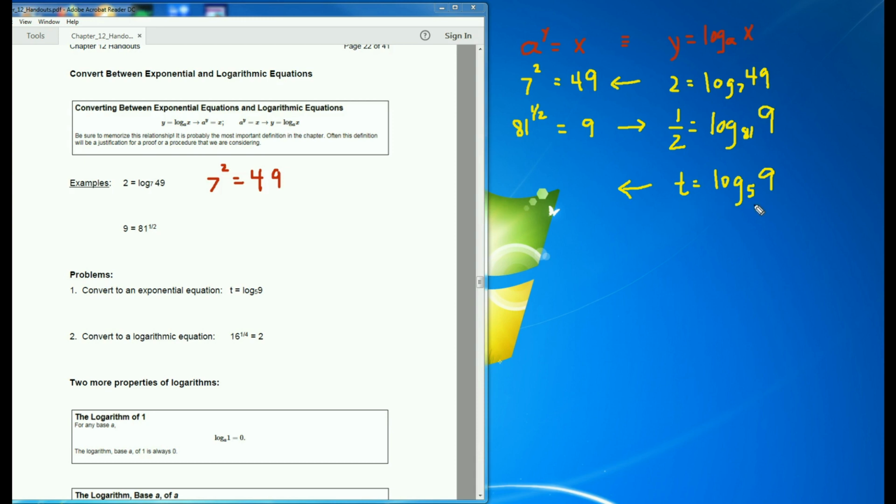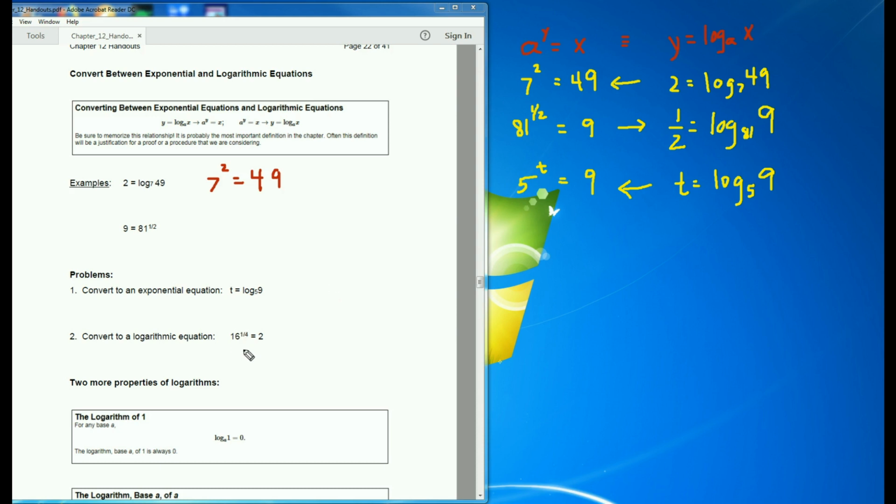All right, so the base of the log is 5, so that's going to be the base of the exponent. And then we need y up here. So that's t. So 5 to the t is equal to 9. All right, so that would be your exponential equation for this one. 5 to the t equals 9.